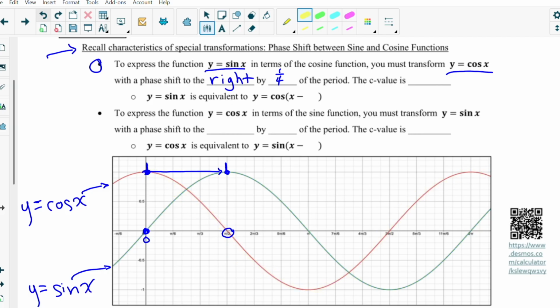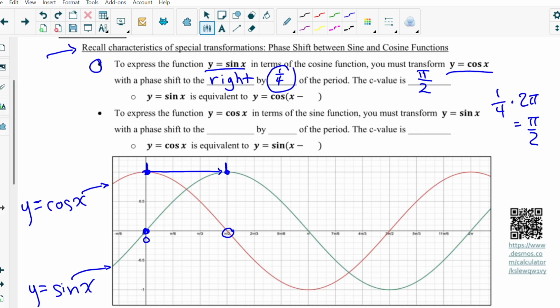So 1/4 of 2 pi is equal to pi over 2. And so the c value is positive pi over 2. So remember this 1/4 of the period. This will come in handy later.